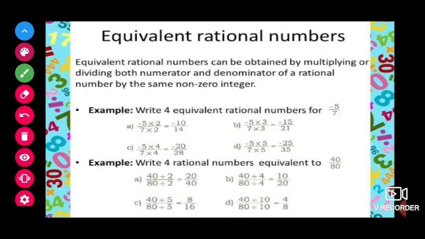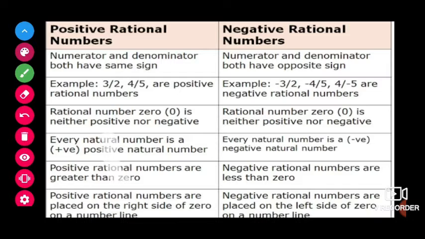Okay, next one, positive rational numbers and negative rational numbers. Here, children, how will we decide positive and negative? In an easy way I will tell you. Whenever we do a division process, we have two numbers, one number divided by another number.